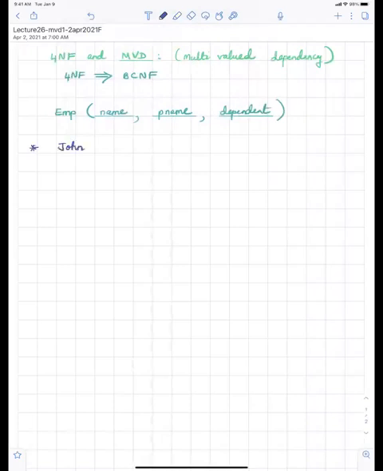We have John. John works on projects X and Y, and John has dependents Mary and Sally. So John works on 2 projects and he has 2 dependents, Mary and Sally.